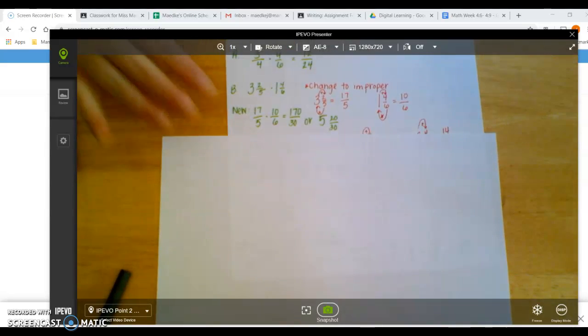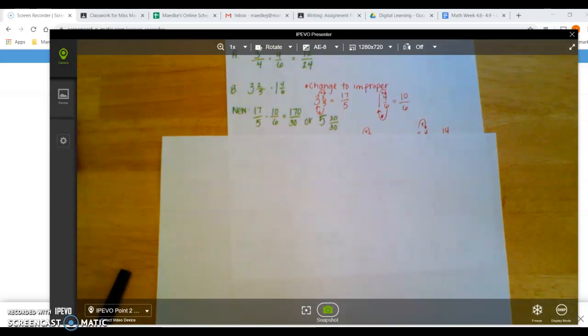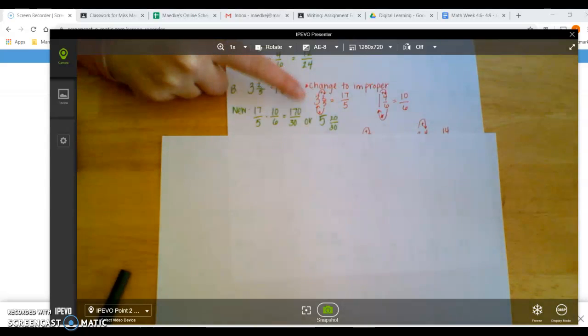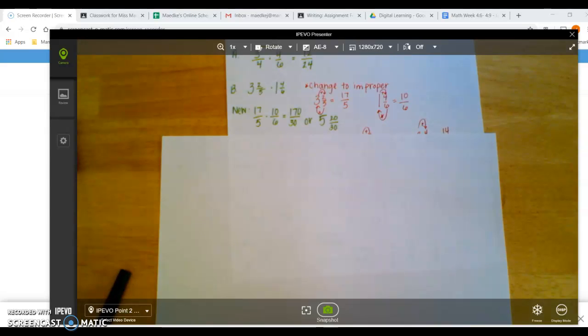I have 3 2/5 times 1 4/6. Because we have mixed numbers, that means we have to change them to improper, just like it says here. To change numbers to improper, you take your denominator times your whole number and then add your numerator. So I have 5 times 3 is 15 plus 2 is 17.